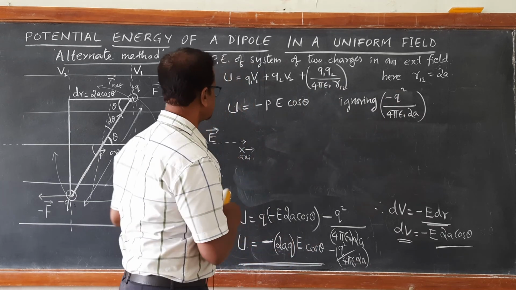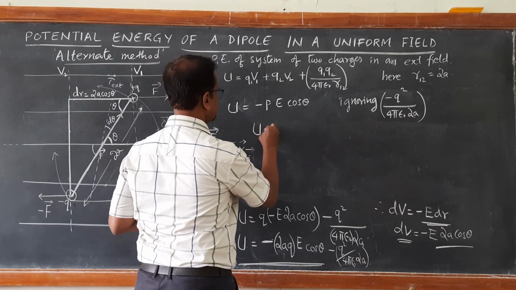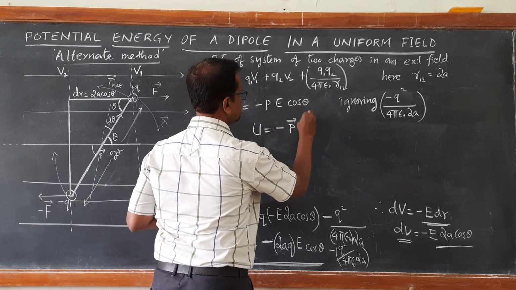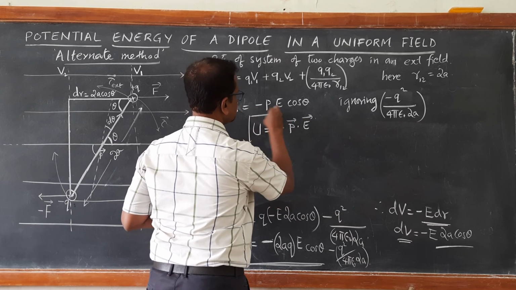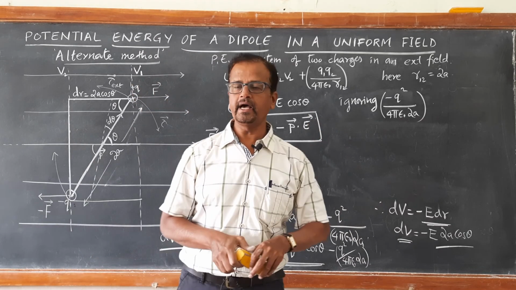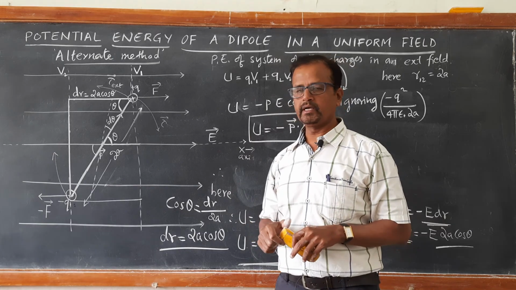Therefore, finally, U is equal to minus p vector dot E vector. This is the expression for the potential energy of a dipole placed in a uniform electric field.